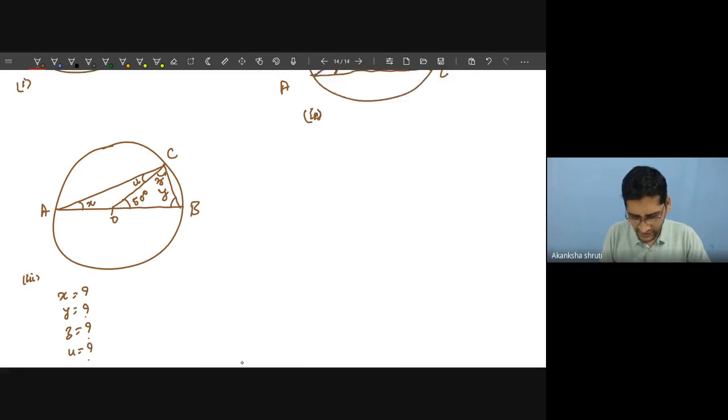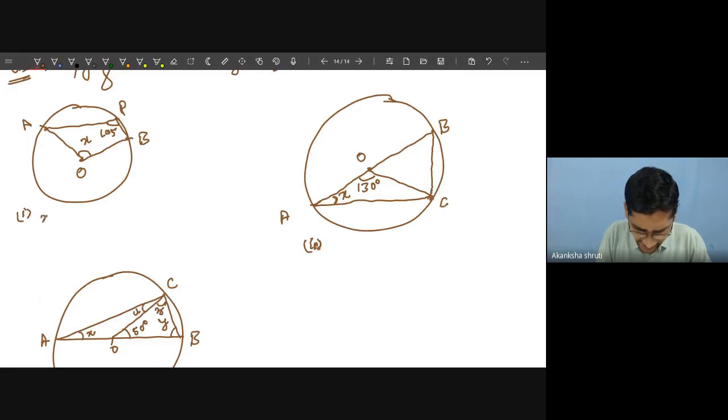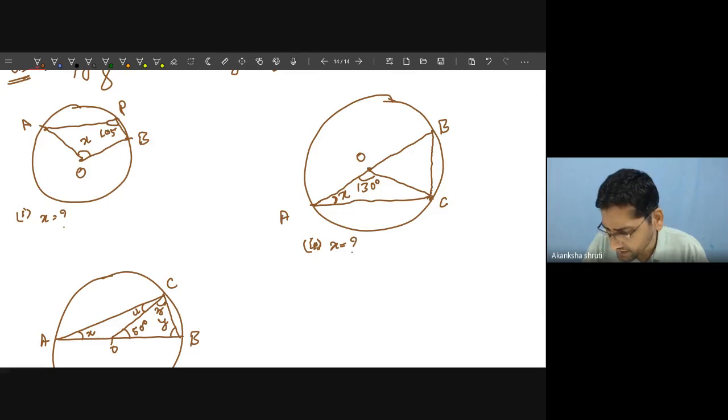These four things. Students, in the first we need to find X. In the second, you also need to find X. Are you getting that?